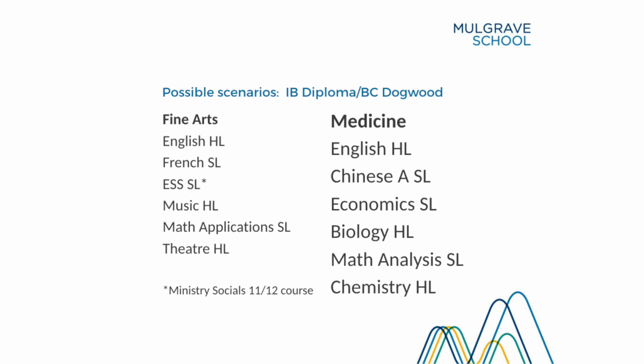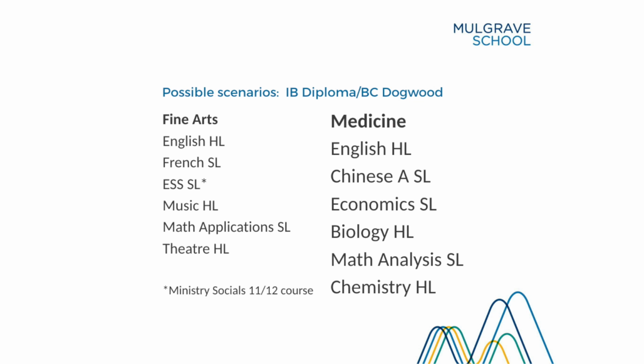They then also chose to do English at the higher level and back it up with French SL and math applications. Please note that because they haven't done history, geography, economics or philosophy, they will need to take a ministry 11 or 12 course to meet the socials graduation requirement.